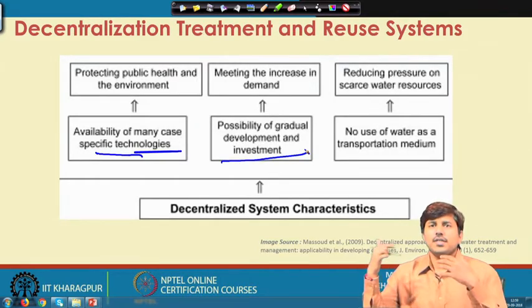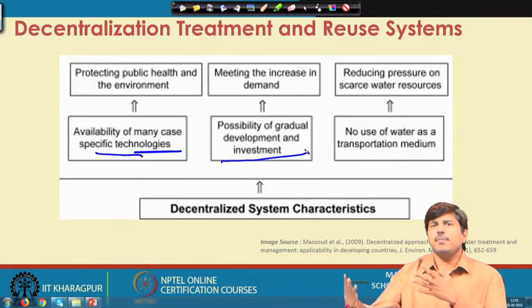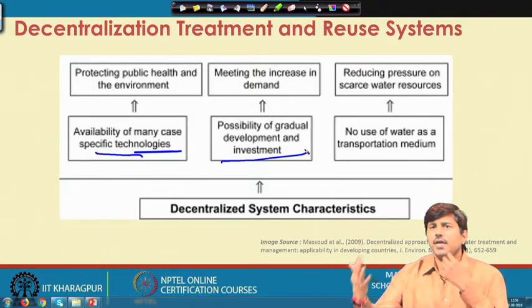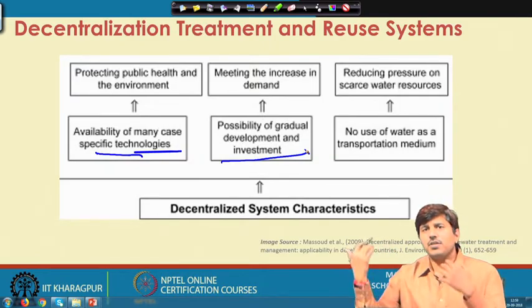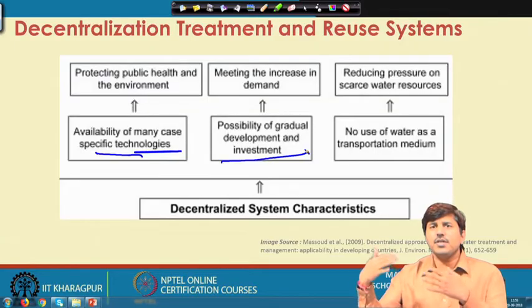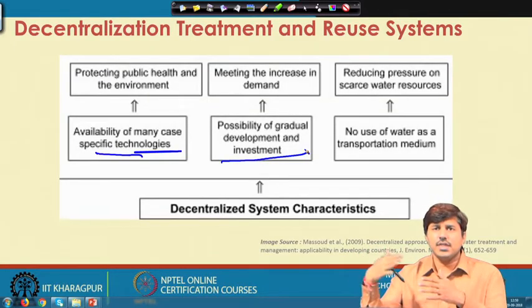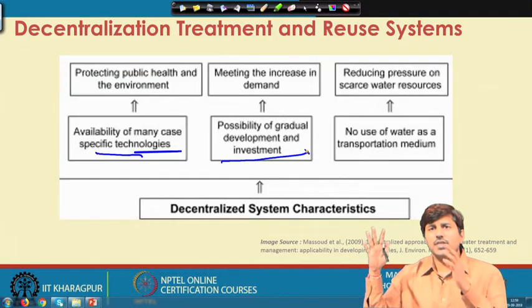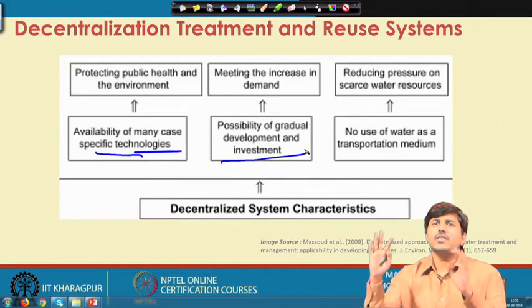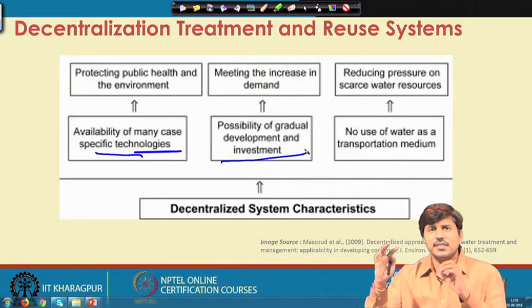If you want to build a treatment plant for say 200 MLD, 200 million liters per day, or 500 million liters per day, you will have to design it at once and plan it at once. There is probably some possibility of phase-wise construction for a few units if you plan that way, but otherwise the majority of the construction and installation has to be done at one instance.